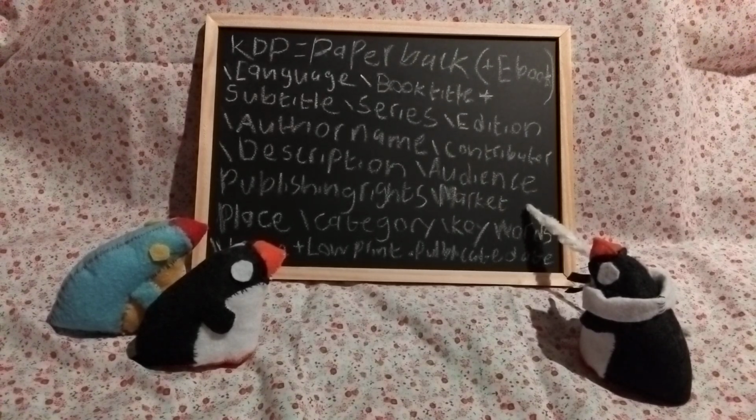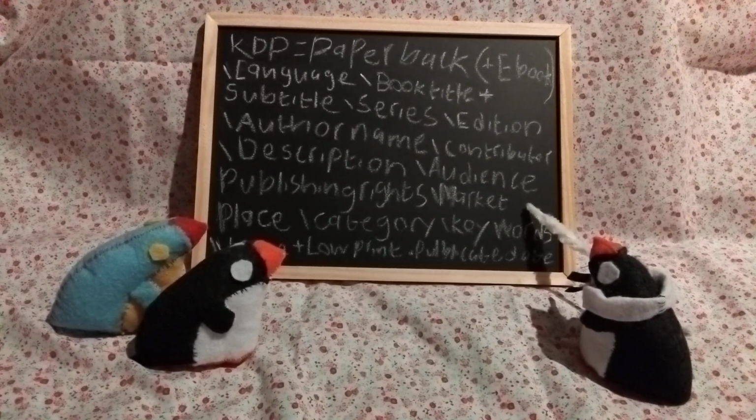I've chosen to cover the requirements for publishing a paperback, as the process behind that and an ebook are similar up to a point, and the differences between publishing a paperback and a hardback are virtually non-existent.